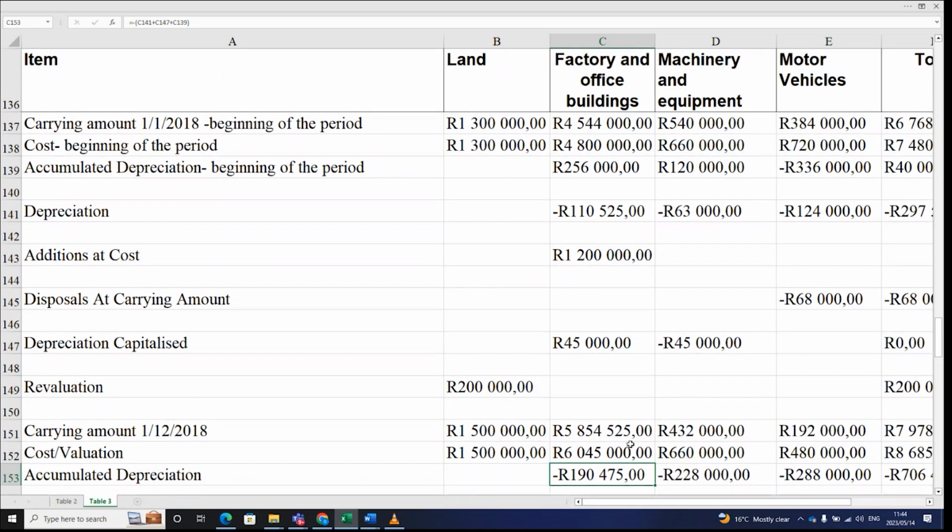All right, 6045. Then accumulated depreciation. Let's just change that sign over there, since that was for illustrative purposes. Then we have this.